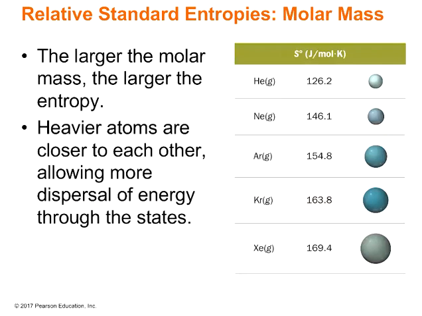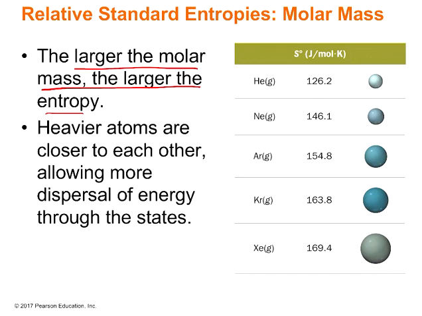But another factor that affects standard entropies is molar mass. Remember, we looked at how potassium had a larger molar entropy than sodium, and that's because potassium has a larger molar mass. So the larger the molar mass, the larger the entropy. If we look off to the right and compare the noble gases, we can see that helium has the smallest molar mass out of the noble gases. Xenon has the largest molar mass.